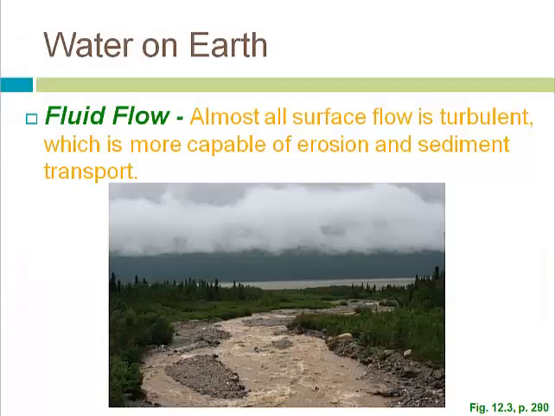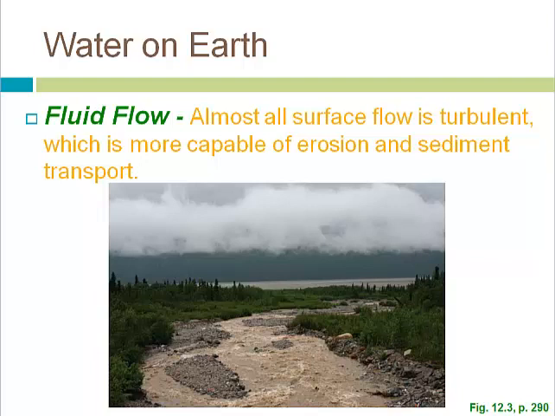So during this process we have fluid flow as it moves towards the ocean. Almost all surface flow is turbulent, just like it says in the slide, and that's capable of erosion and sediment transport. When you look at turbulent flow, the flow lines of the rivers are intertwined in a complex manner, which causes all sorts of eddies and increased rates of movement near the stream bed or next to the side.